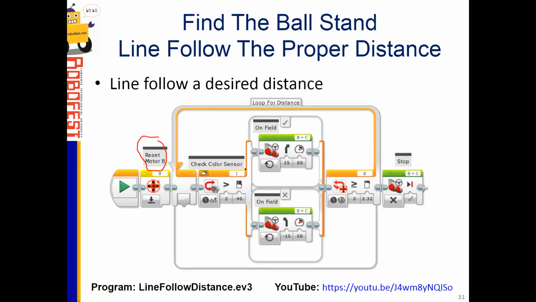If we're greater than 40, we're going to turn right. If we're less than 40, we're going to turn left. And we're going to keep doing that while line following. The exit condition on the loop is when motor port B is greater than or equal to 2.32 rotations, we stop. So let's look at what that looks like as a video.